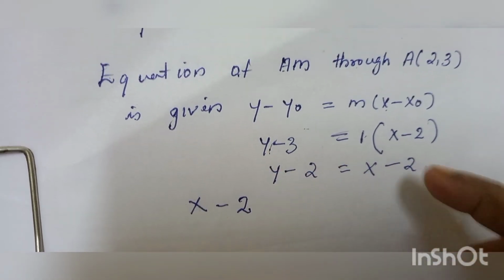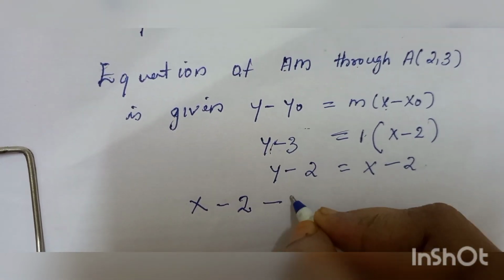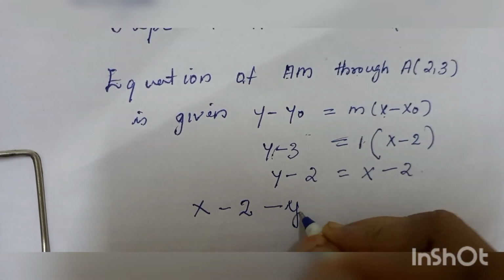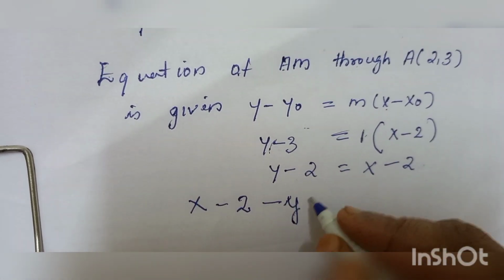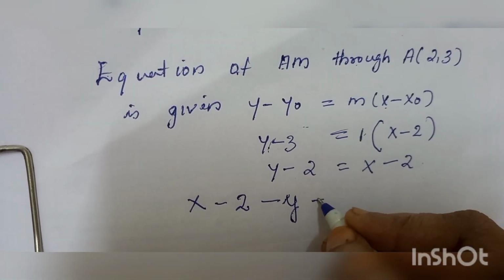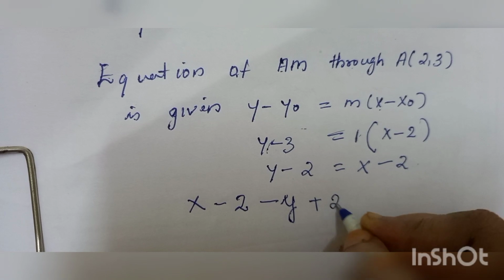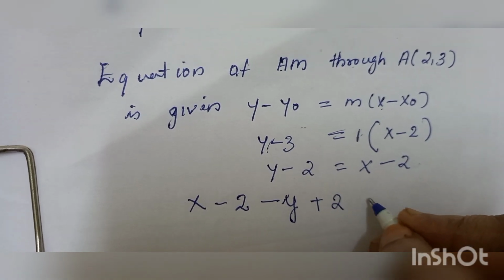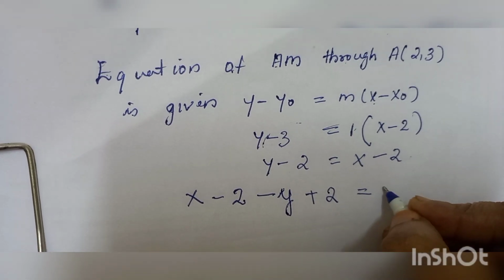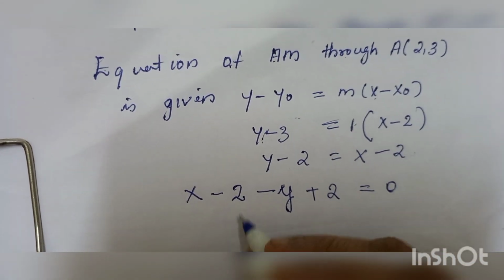Transpose this y to this side, so it becomes minus y. Transpose these to this side, so it becomes plus, which is equal to 0.